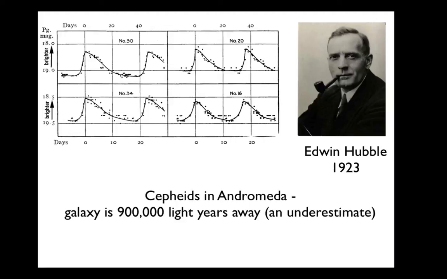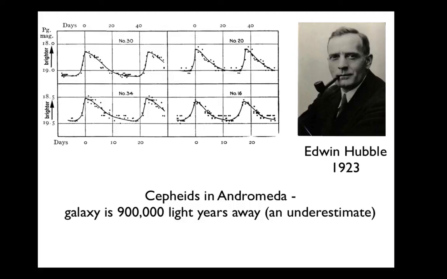And again, by measuring the period of those brightness variations, he can deduce how intrinsically luminous these stars are, and by knowing how intrinsically luminous they are and how bright they appear, he can estimate how far away they are. And so his estimate for the distance to Andromeda was 900,000 light years away, or 10 times further than the size of our own galaxy.